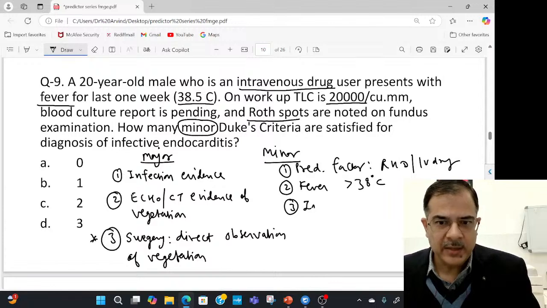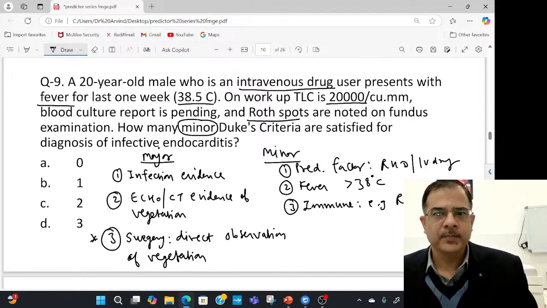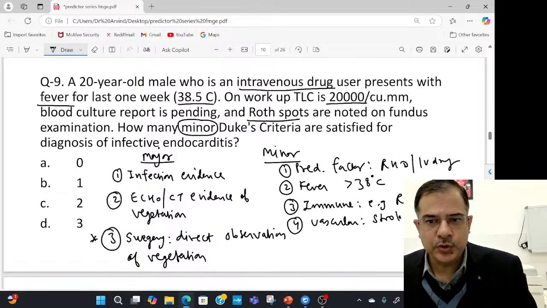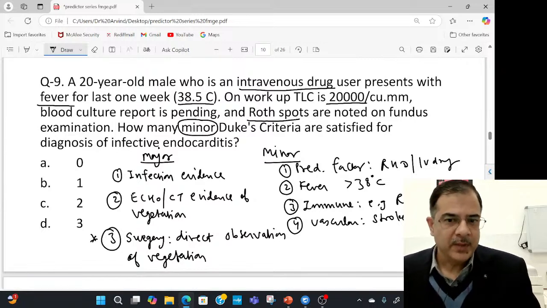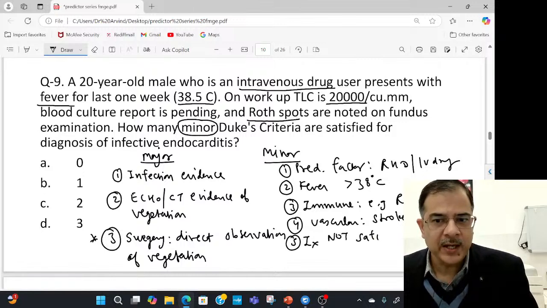Number 3 is immune phenomena, and one of the immune phenomena is Roth spot. Number 4 is vascular phenomena, for example stroke, petechiae. And number 5 is the investigation but not satisfying major criteria.